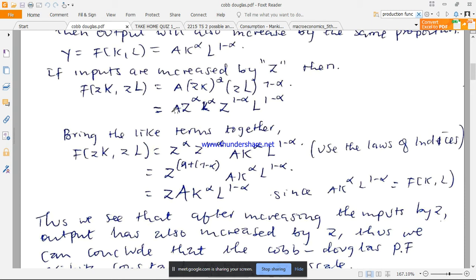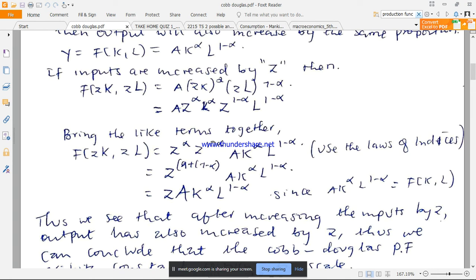We have z raised to the power alpha and z raised to the power 1 less alpha. We've collected the z's together, and then we can multiply this by the remaining part, so it will be A K alpha L 1 less alpha, which is this part.